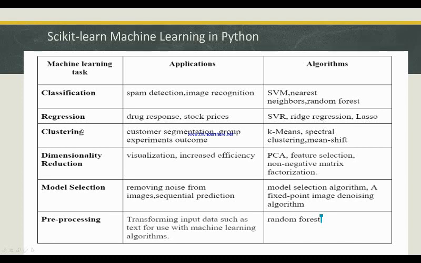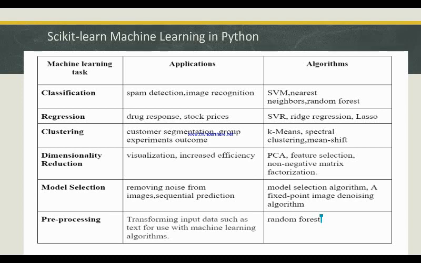For clustering, the applications are customer segmentation and grouping experiment outcomes, and the algorithms are k-means, spectral clustering, and also mean shift. For dimensionality reduction, the applications are visualization and increased efficiency. The algorithms are PCA, principal component analysis, feature selection, and non-negative matrix factorization.